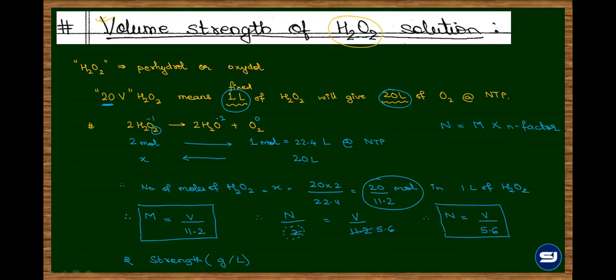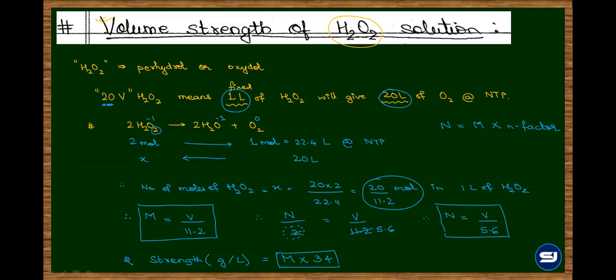So how do you convert the moles into weight? Multiply by molar mass. Molarity you just multiply by the molar mass of hydrogen peroxide, which is 34. So we'll get the strength as M into 34.